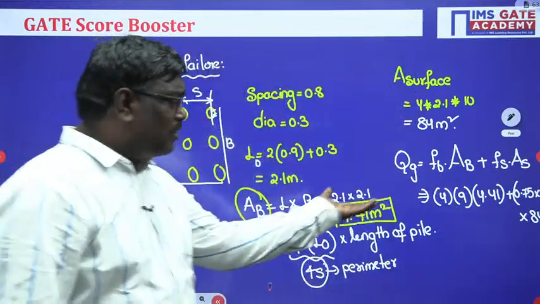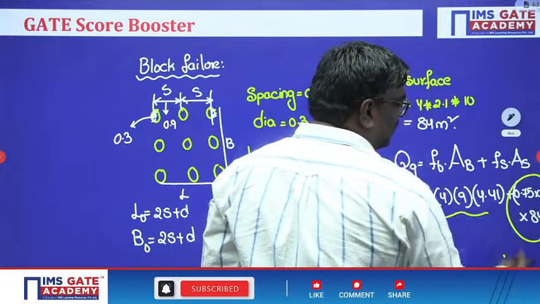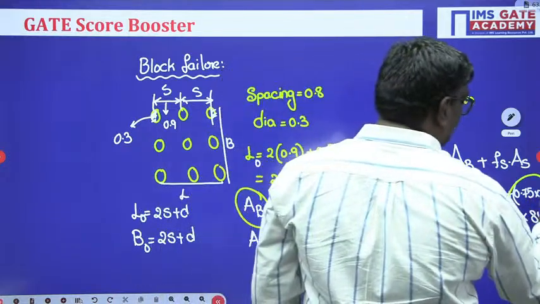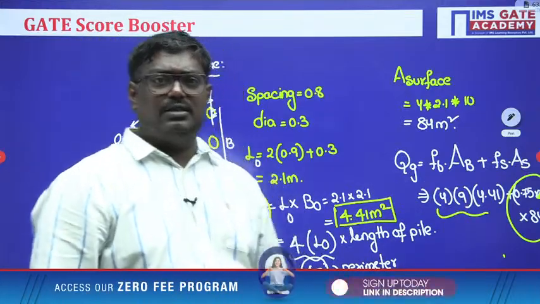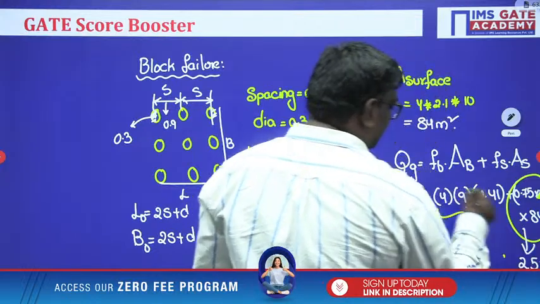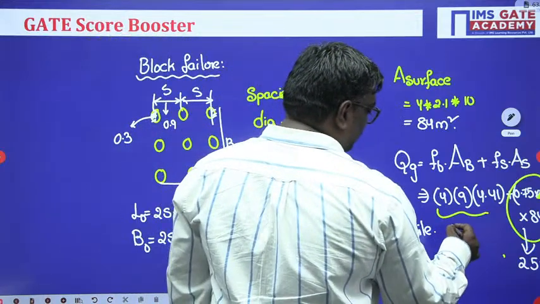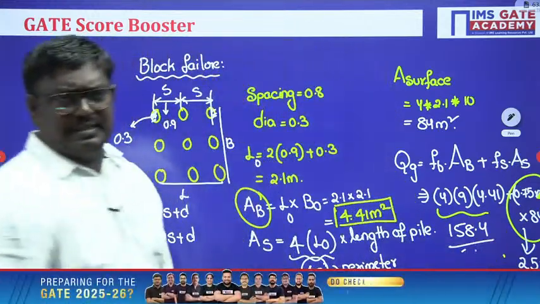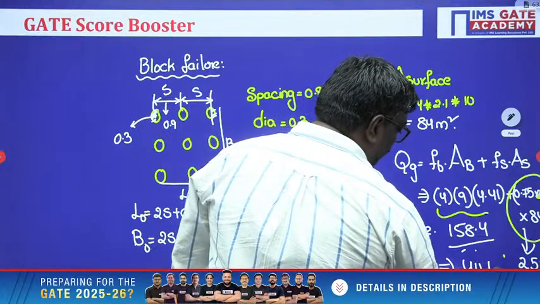Sorry, 0.75 into 4 is itself 3. 3 into 84 will be around 252. If you add this, you will get around 411. Approximately, you will get 411 ton per meter square.